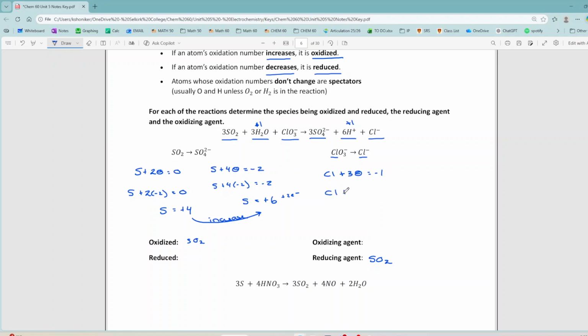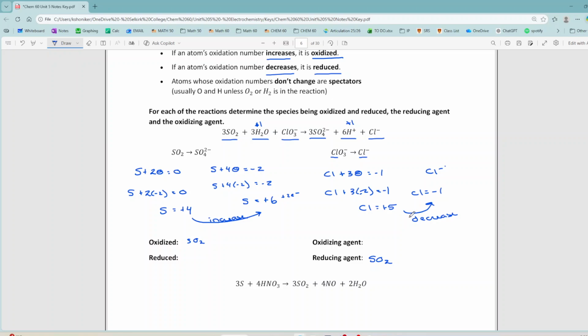The oxygen is not going to be anything different than -2. So then I'm going to add 6 to both sides, and I end up with chlorine having a +5. On the product side, I have chloride, which means that its oxidation number is -1. This is a decrease in oxidation number.